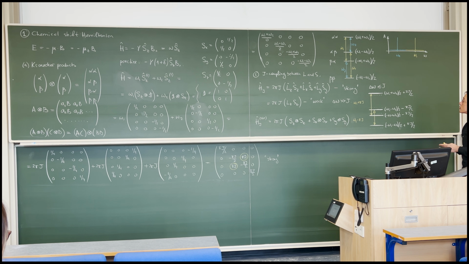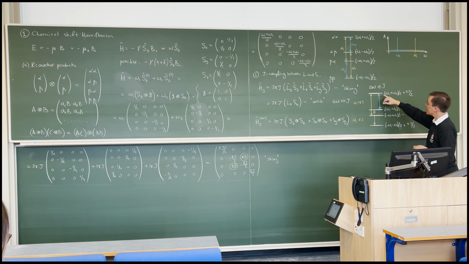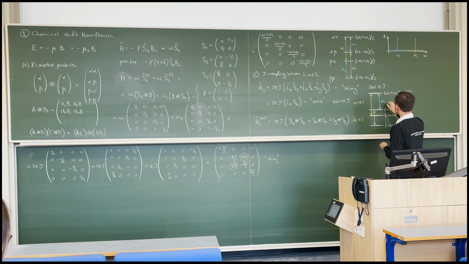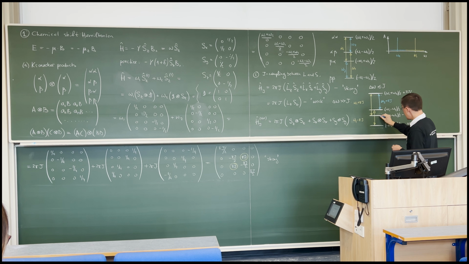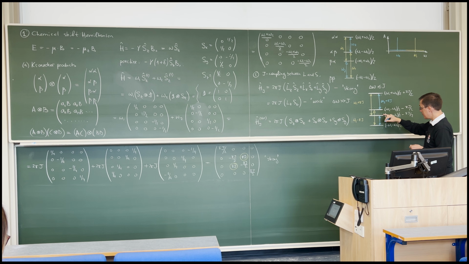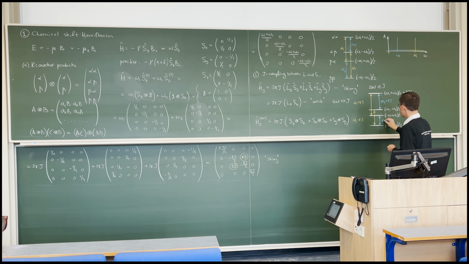For the blue transitions, what used to be this one has widened because that level went up and that one went down. So this is omega 2 plus pi j, and that transition has shrunken because that level went up and that level went down. So omega 2 minus pi j.